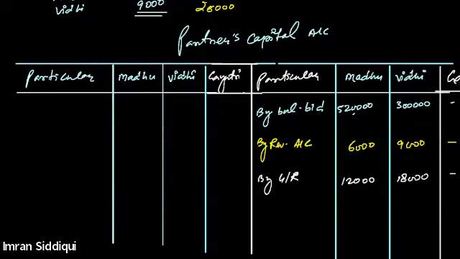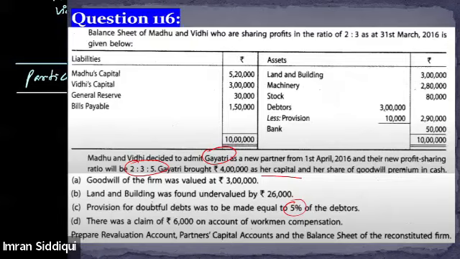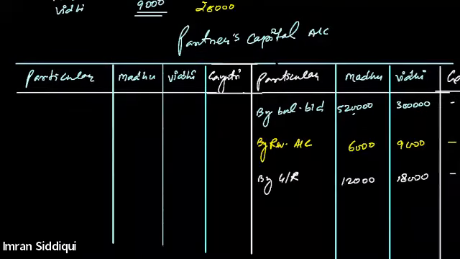Got it? Is this clear, both of you? Yes. Okay. Then what else is given in the question? Claim is already adjusted. Then, the question is saying that Gayatri is entering with a capital of rupees 4 lakh. So we need to go to the partners' capital account. When Gayatri becomes a partner in the firm, she will bring cash by way of capital.